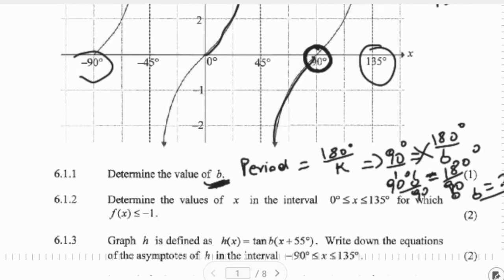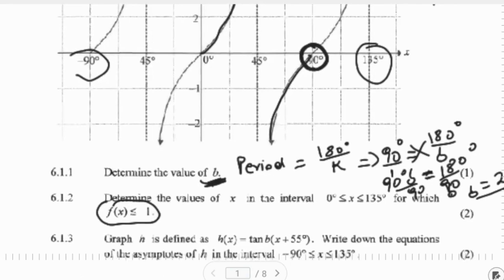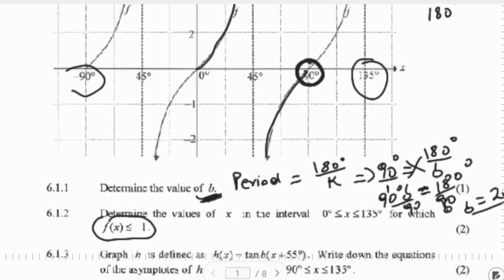So the next question says, determine the values of x in the interval 0 to 135 for which f of x, the whole graph, is less than or equal to -1. Where is this graph less than -1? Okay, let's go check.